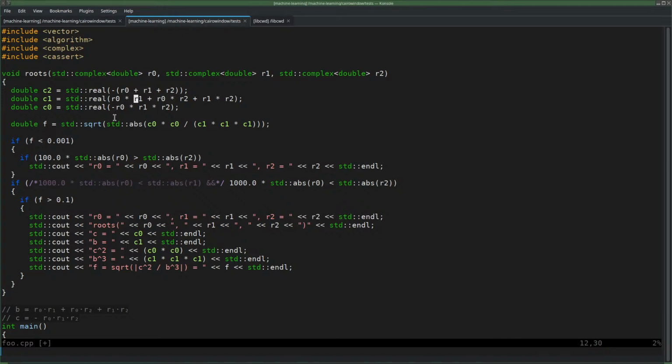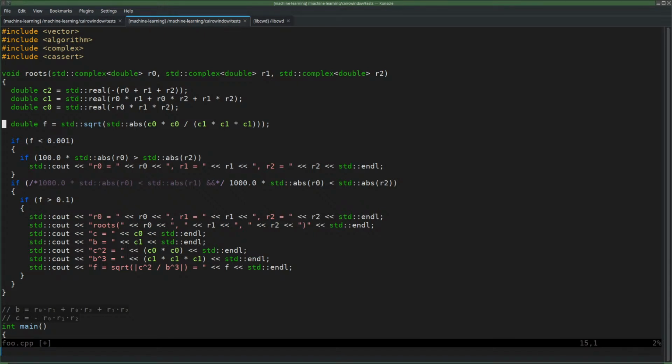And finally the same thing here, either this or that as a multiplication between two complex conjugates. Complex values, so everything is just real. The imaginary part is really 0.